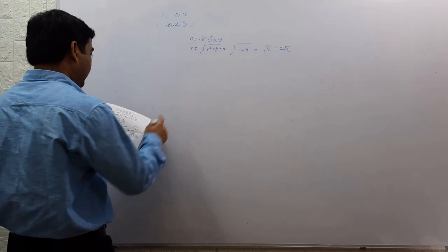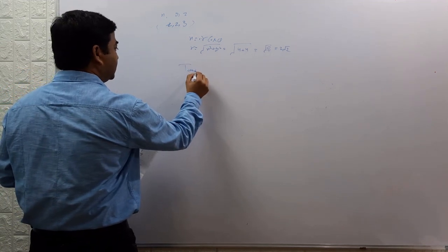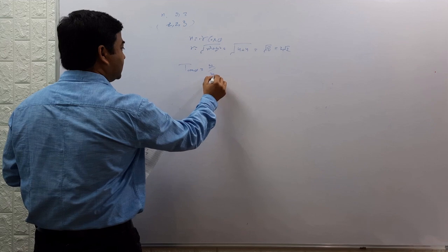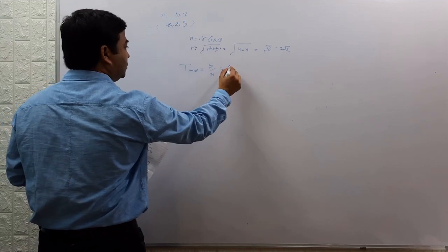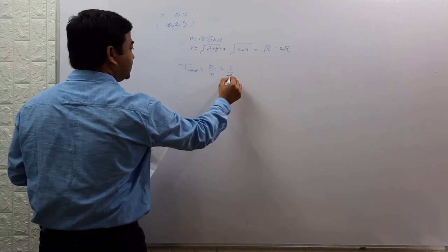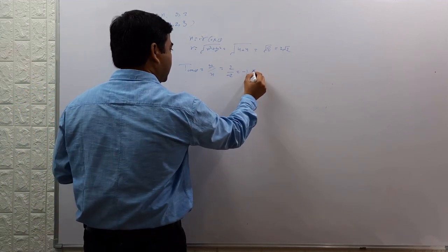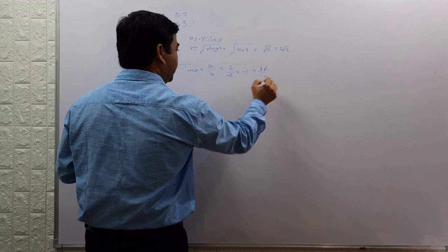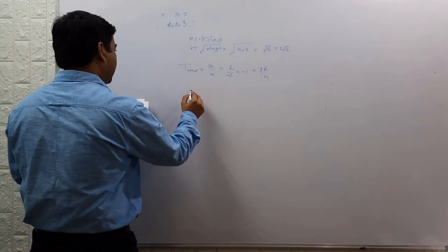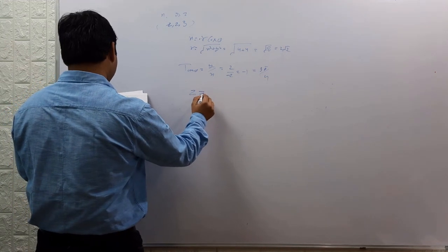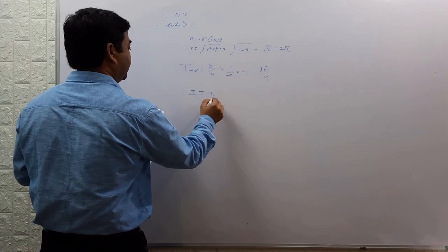And tan theta is equal to y by x, which is 2 by -2, equal to -1. This is 3 pi by 4. And z, as it is written, is 3.